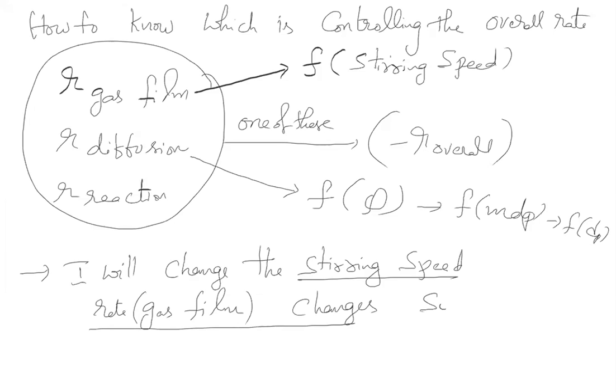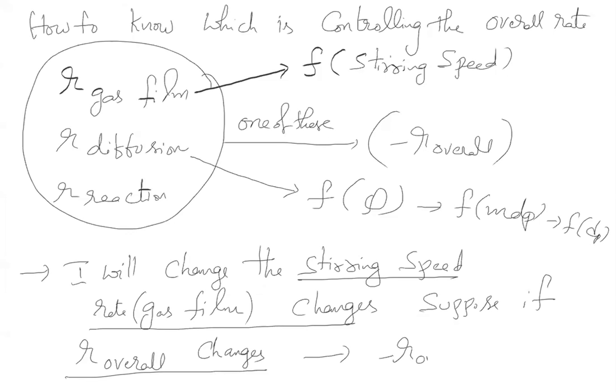Suppose my rate overall changes, then what does this mean? If rate overall changes, it means my rate overall is a function of the gas film. That means gas film is controlling. So this is an indirect way of finding it.